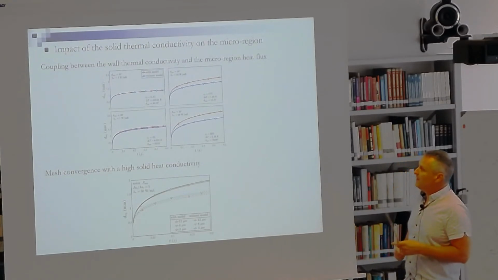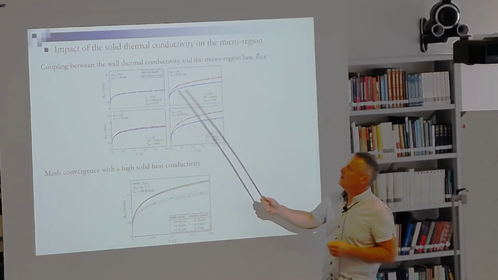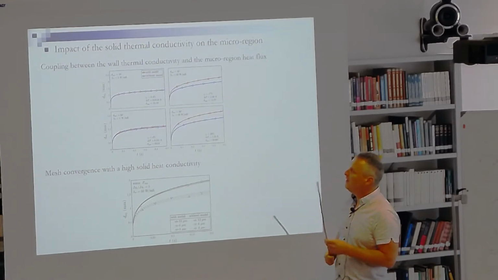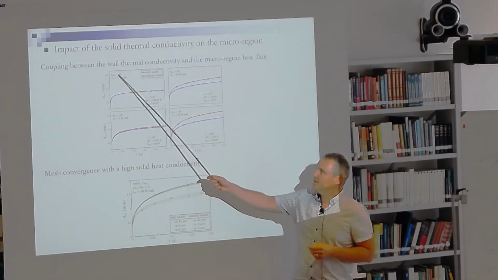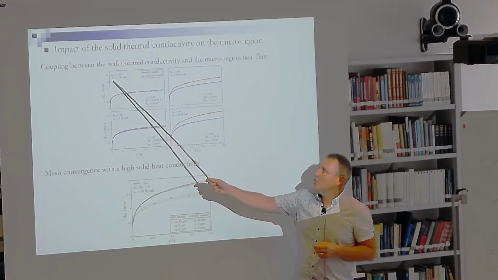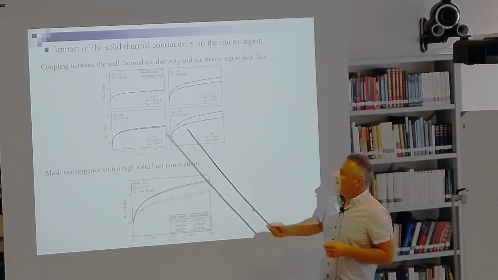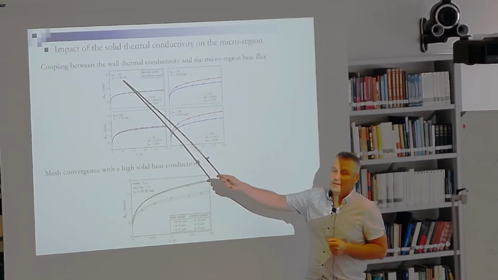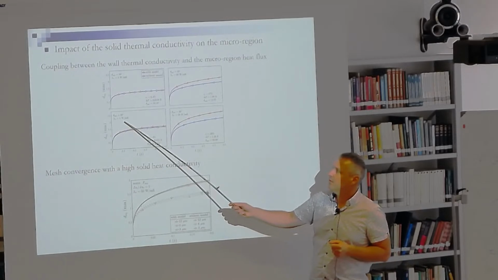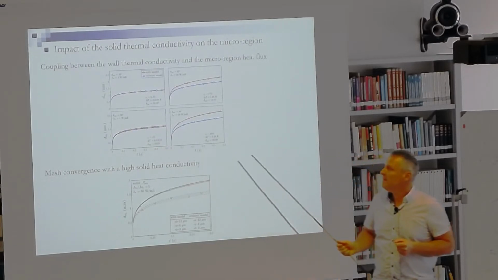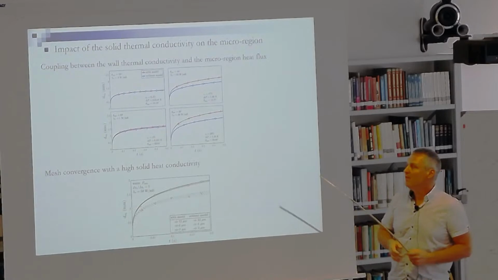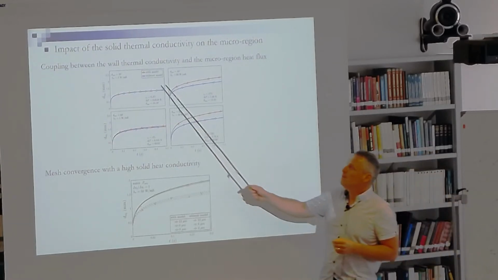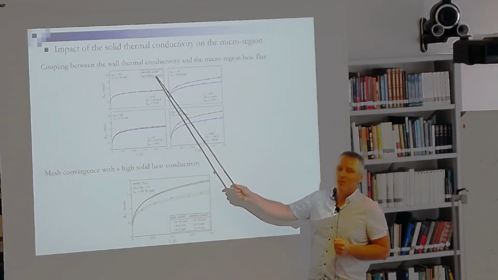And here we have done several simulations with the microregion model and without the microregion model for several microscopic contact angles and several wall thermal conductivities. And what we observe is for a small wall thermal conductivity of 1 watt per meter per Kelvin, which is roughly similar to the thermal conductivity of water, we do not have a strong impact of the microregion.